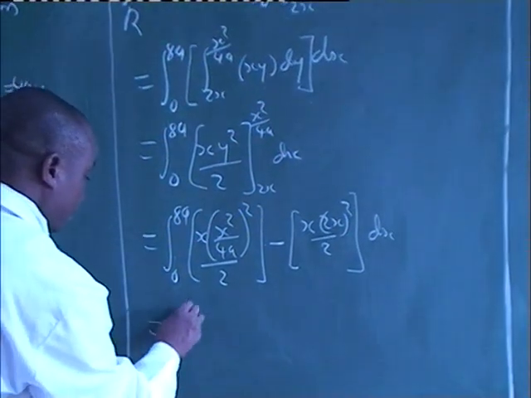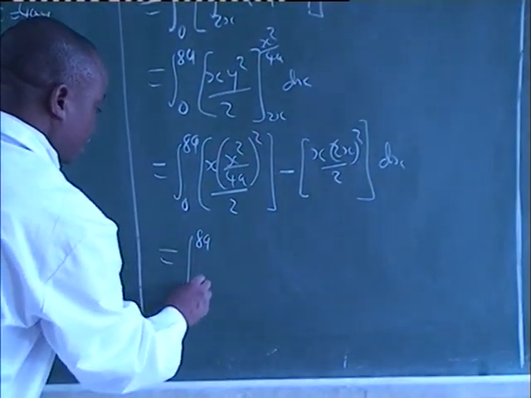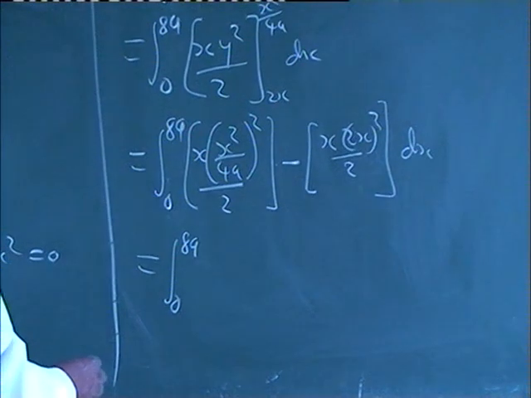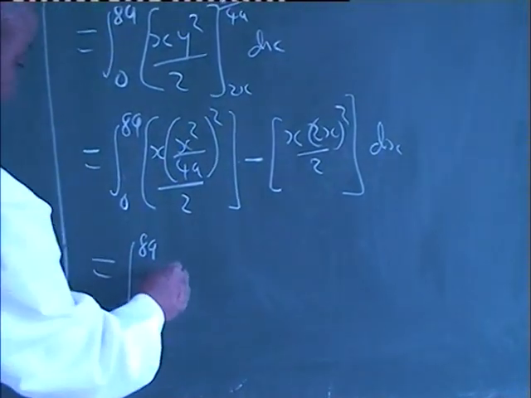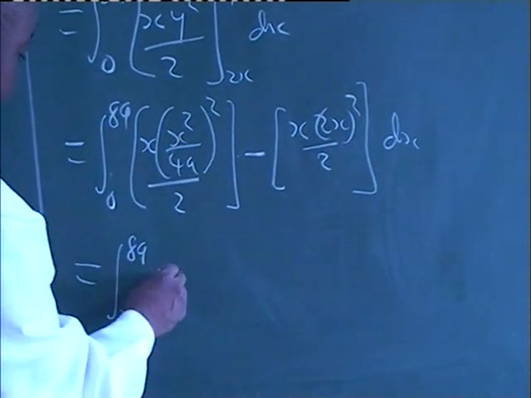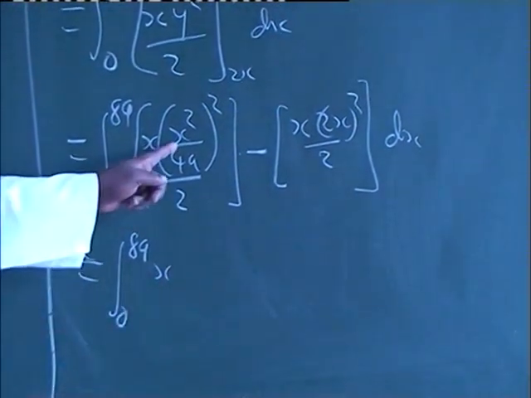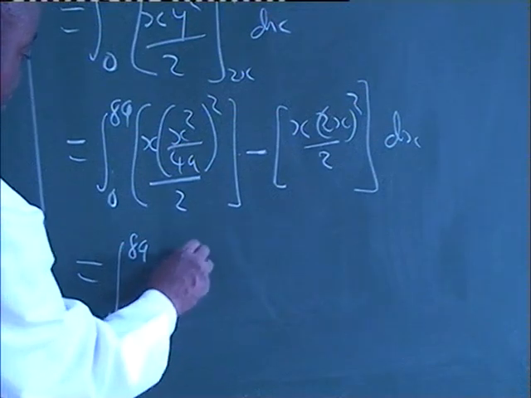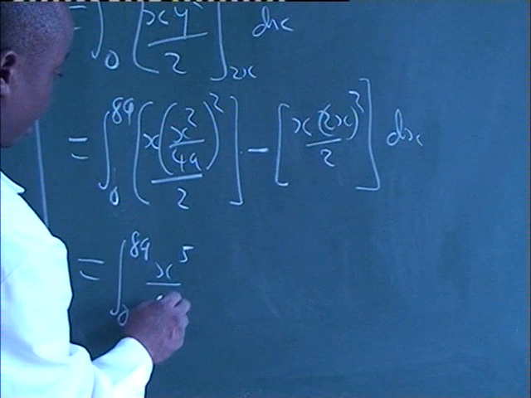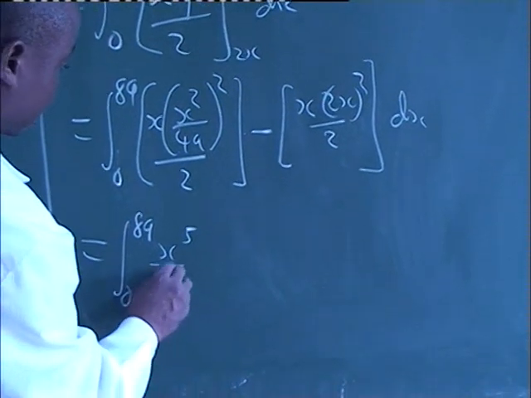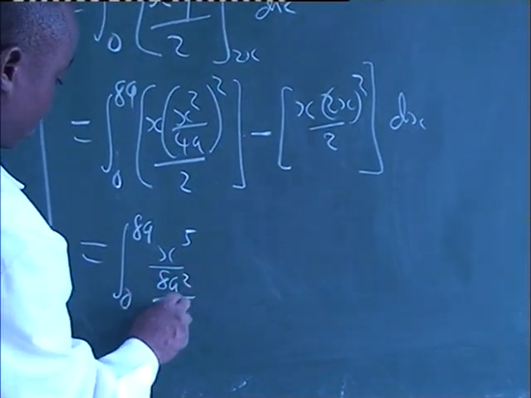And that will give us the integral 8a to 0, where we also have this because x is raised to the power 5. Now if we go down, we'll have over 8a squared over 2.